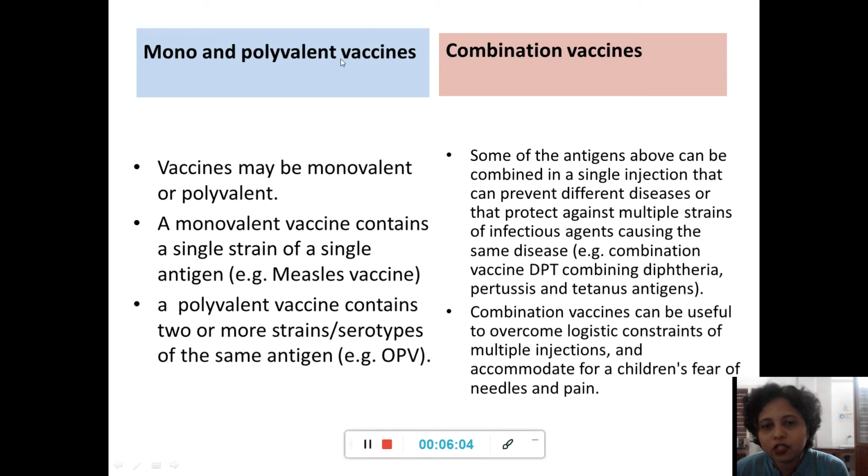The vaccine has been prepared against three different antigens causing three different diseases. So instead of taking multiple injections against three diseases, we take one single injection. That is referred to as a combination vaccine, and it can be useful to overcome the logistic constraints of multiple injections and to accommodate children's fear of needles and pain. I hope it is clear to you.